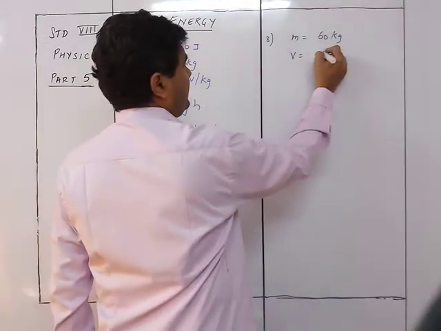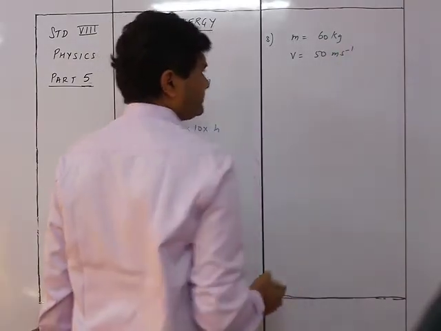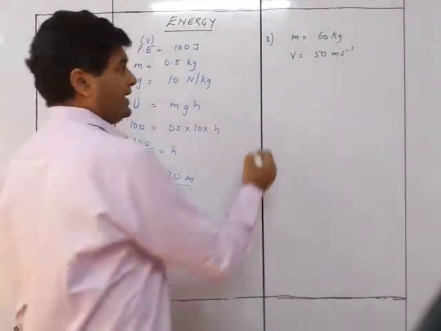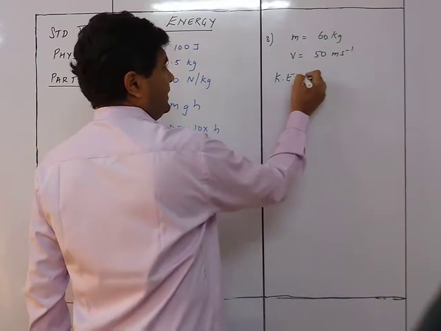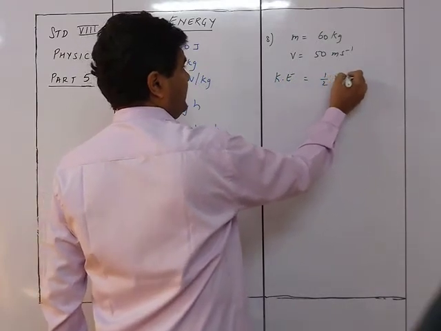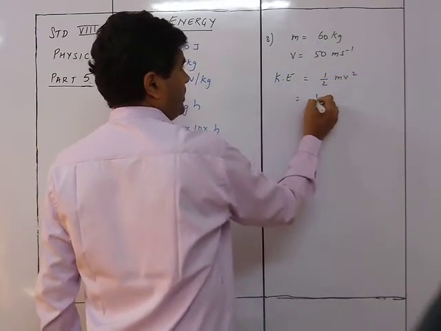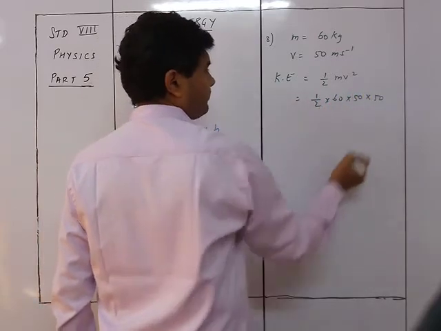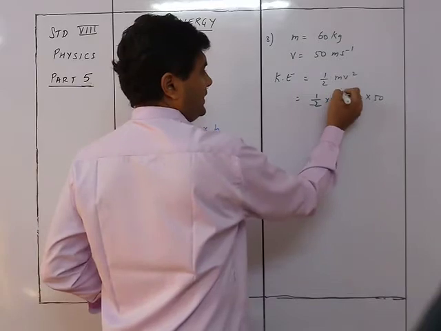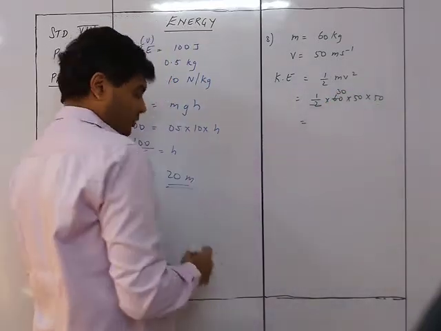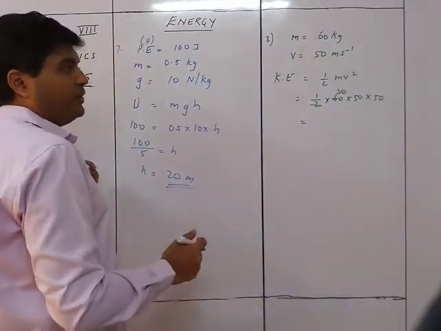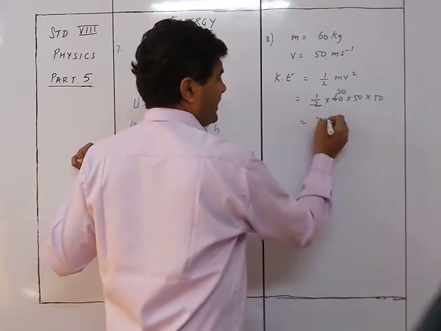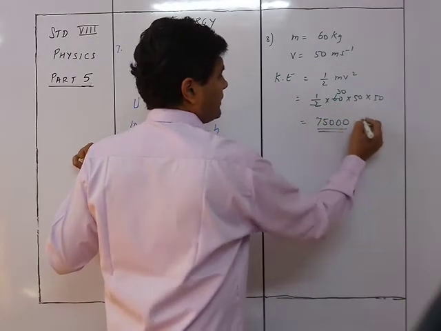V is equal to 50 meter per second. You need to find out the kinetic energy. Direct formula, KE is equal to half mv square. So it's 1 upon 2 into 60 into 50 into 50. So that cuts to 30. 50 into 50 is 2500, 25 into 3 is 75. So it is 75,000 joule.